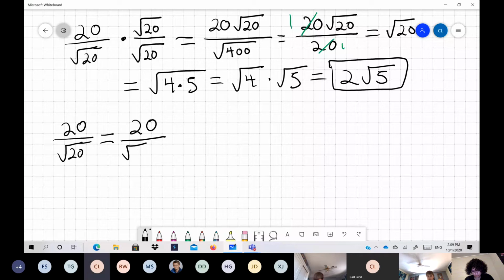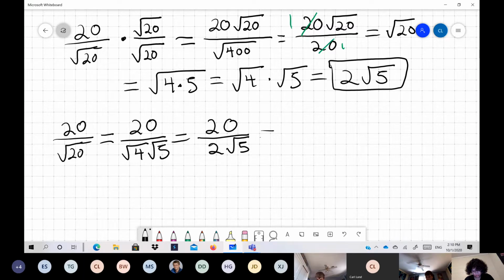The square root of 20 is the square root of 4 times the square root of 5. So that's 20 over 2 times the square root of 5. And then I'm going to get 10 over the square root of 5.